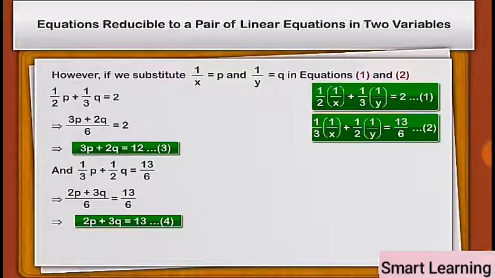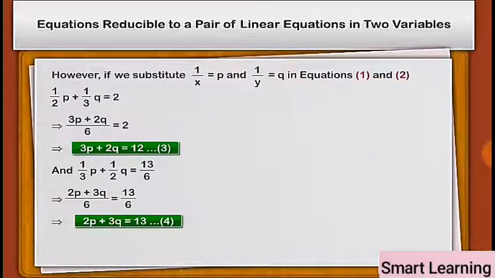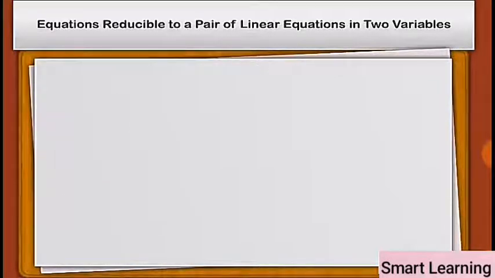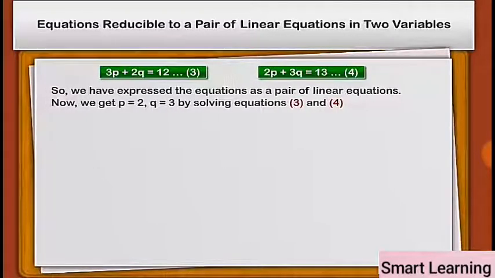This is now equation 4. So, we have expressed the equations as a pair of linear equations. Now, we get p is equal to 2, q is equal to 3 by solving equations 3 and 4.